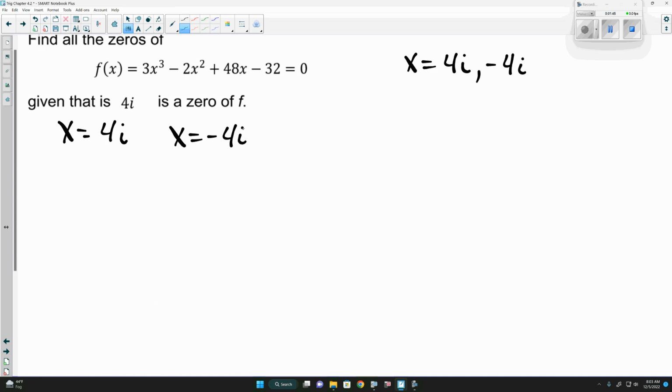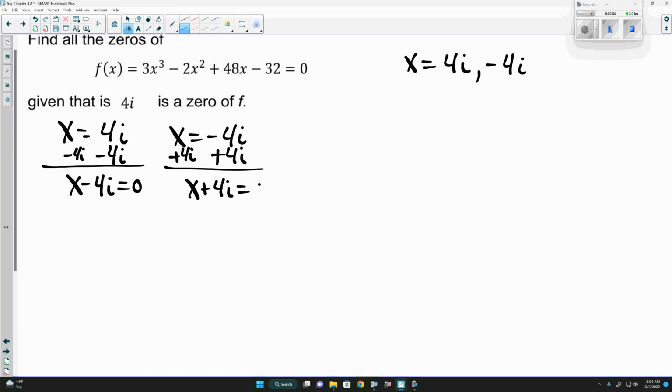Now to do that, the first thing we'll need to do is to take both of these here and get them equal to 0. So here we would subtract 4i from both sides, telling us x minus 4i is equal to 0. Here we would add 4i, telling us x plus 4i equals 0.